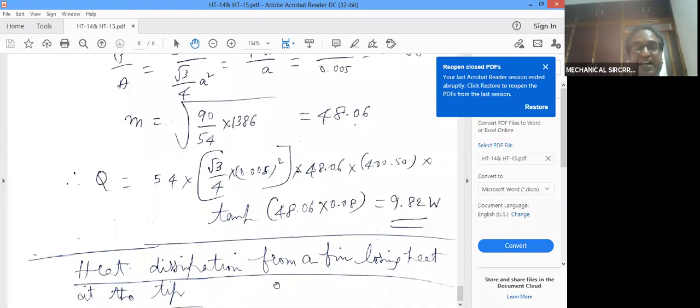Second boundary condition for the third case, the short fin: at x is equal to L, conduction heat transfer is equal to convection heat transfer. That is minus kA dT by dx at x is equal to L is equal to hA into T minus T free stream.